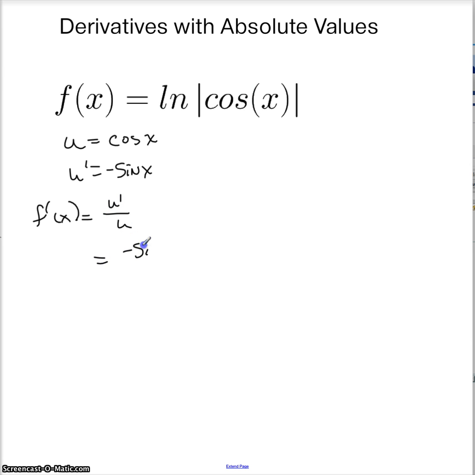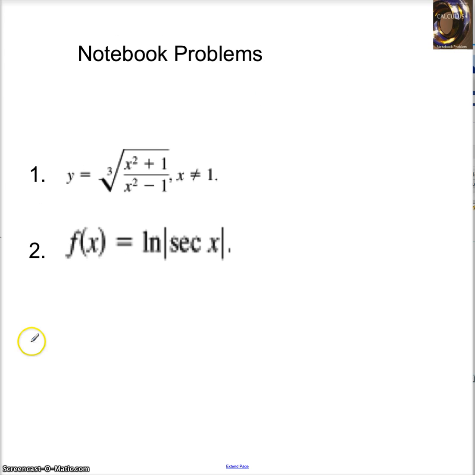So it's minus sine of x over cosine of x. And we can simplify that to be minus tangent of x. Minus tan x. Okay, give it a go. One more short thing to do. Turn the video back on when you're done.